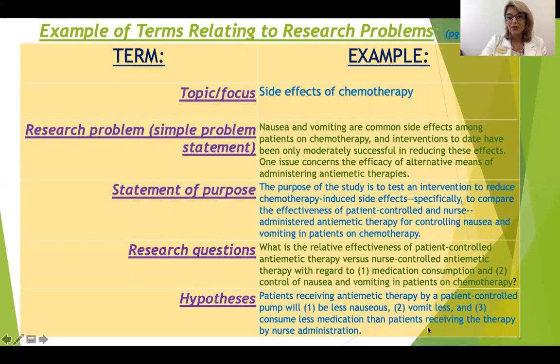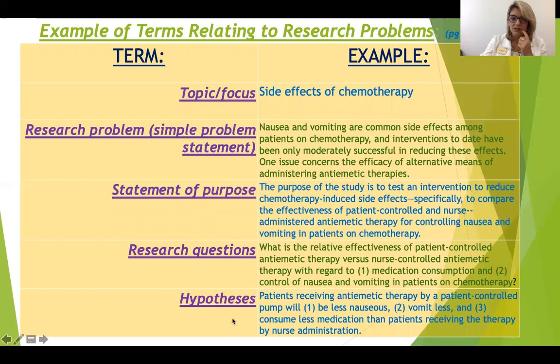Now, if you had not read that hypothesis, the likelihood is you probably would have guessed that, yeah, if the patient administers the medicine to themselves more proactively than waiting for a nurse to come around and do it, they probably will have better control. But wording it in the more scientific, research-based, evidence-based way, we formulated a beautiful hypothesis to say that with an educated guess, this is what we think is going to be the result of our research.